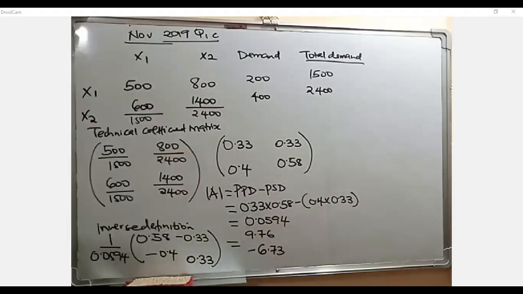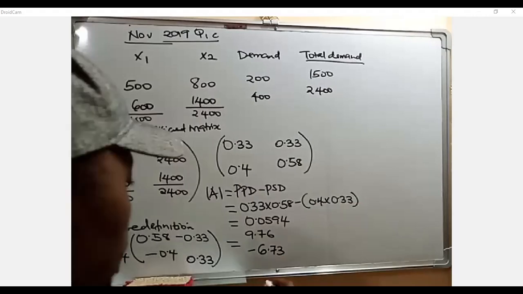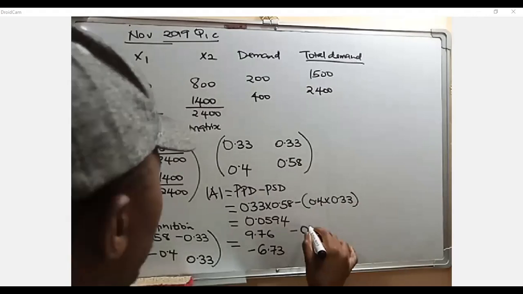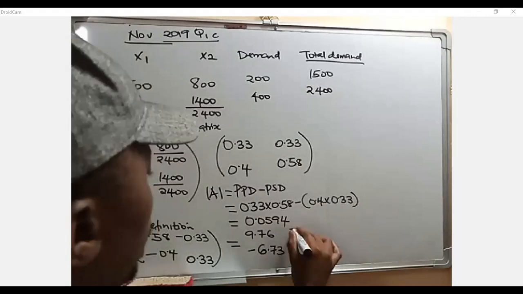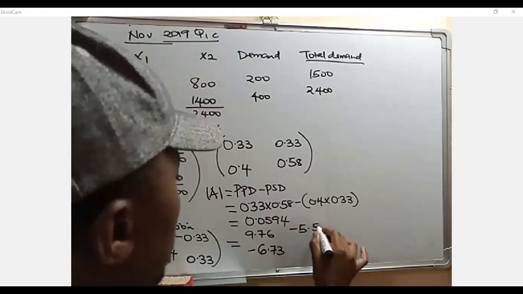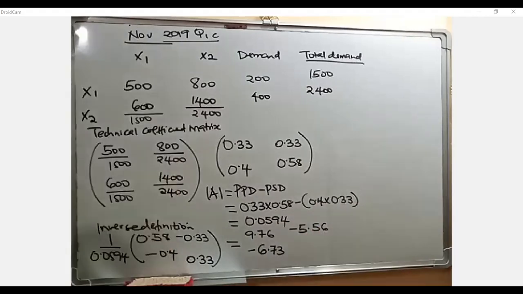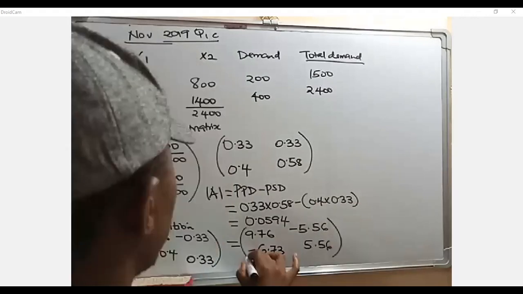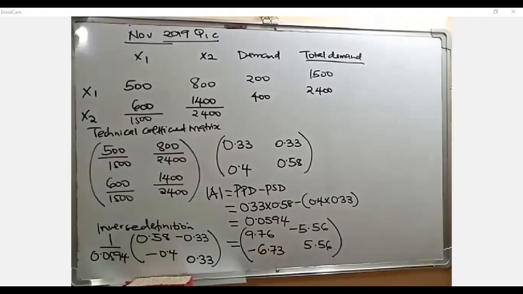Then the other one will be negative 0.33 divided by 0.0594, and we are getting negative 5.56. Then the last one will be 0.33 divided by 0.0594. We're getting the same now, this will be 5.56. Right? That is what you are able to do.